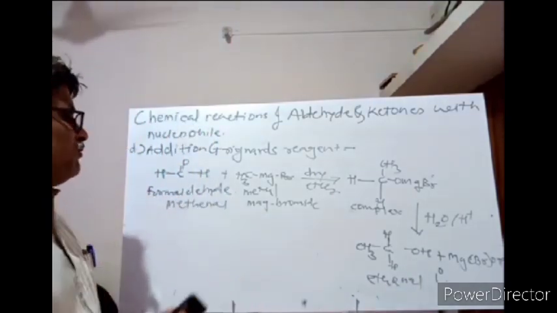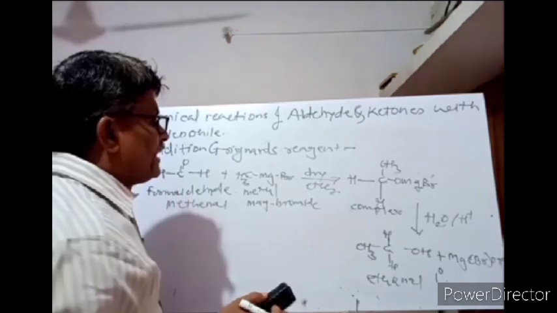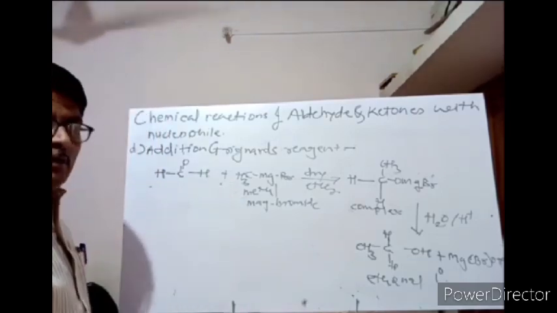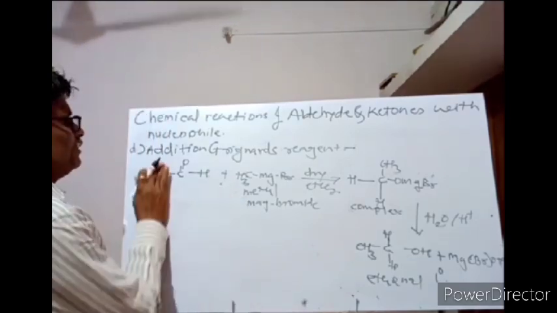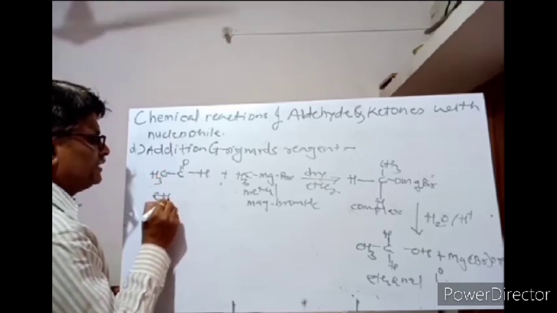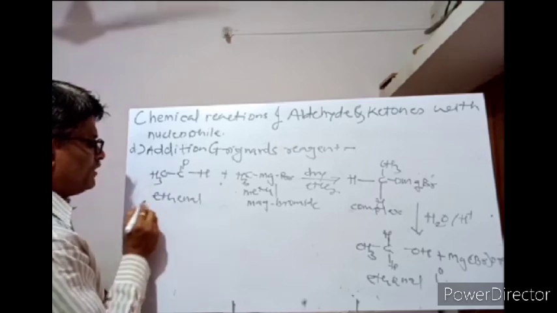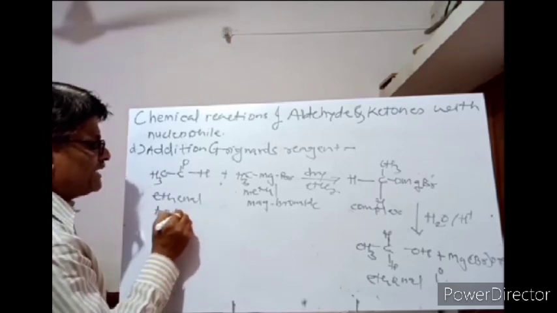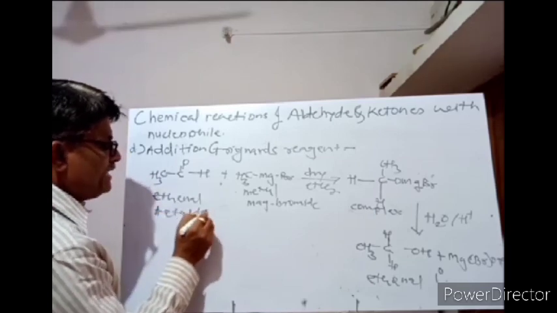A secondary alcohol is formed by reacting a Grignard reagent with a higher aldehyde, that is ethanal, or it is called acetaldehyde.